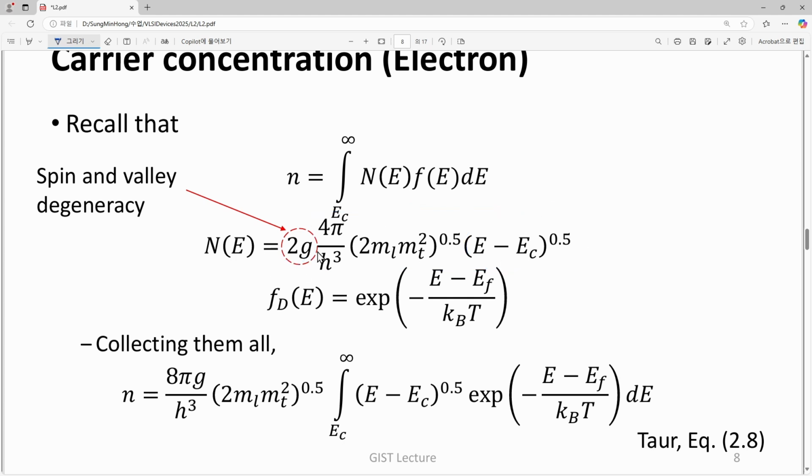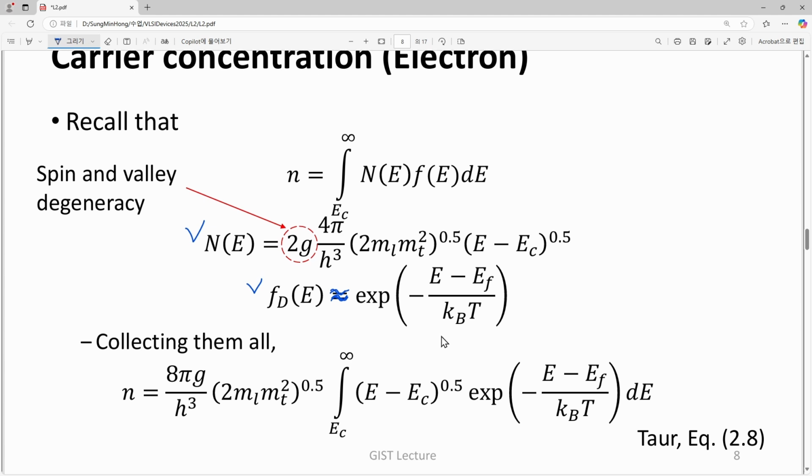By using these two expressions, the density of states and the equilibrium distribution function, you know that this is not exactly the Fermi-Dirac expression, but this is the simplified form under the Boltzmann limit.